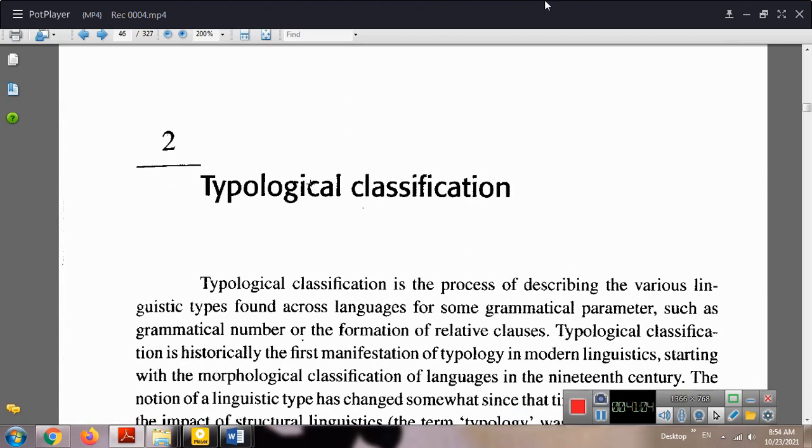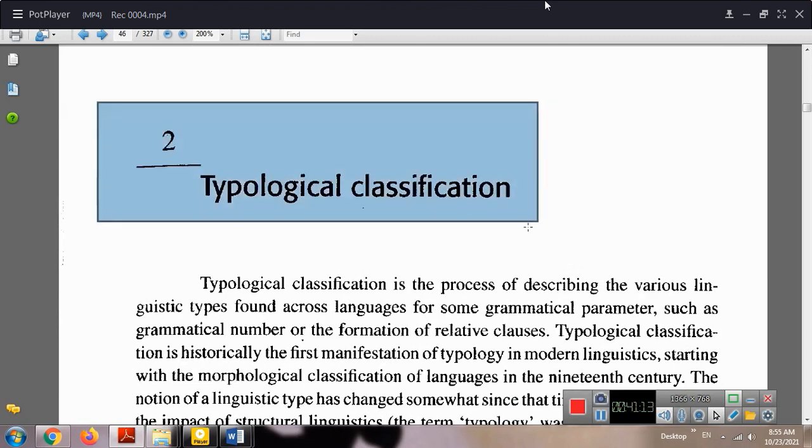Okay, dear student, we arrived at the second chapter of this book, which is the typological classification. In the first chapter, we told you the basic matters of typology.